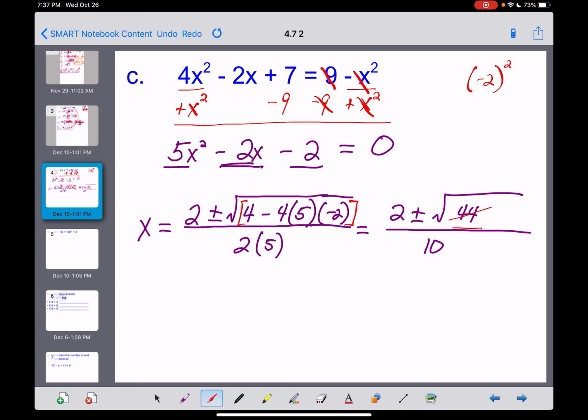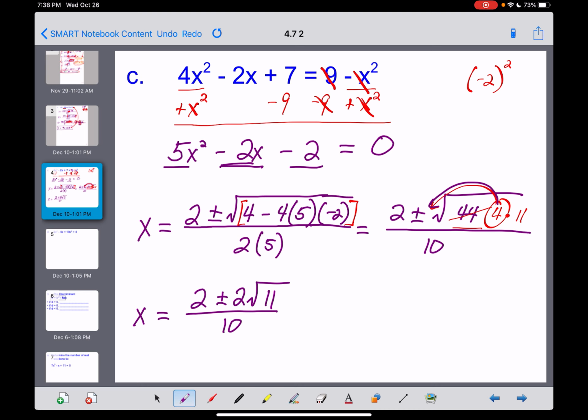So that 44 is going to become 4 times 11, and 4 is the perfect square that I'm going to pull out in front. I should say the square root of 4 I'm going to pull out in front. So x equals, here we go now, guys, we've got a 2 plus or minus, the square root of that 4 is a 2, and the 11 gets stuck under the radical. So 2 root 11 all over 10.